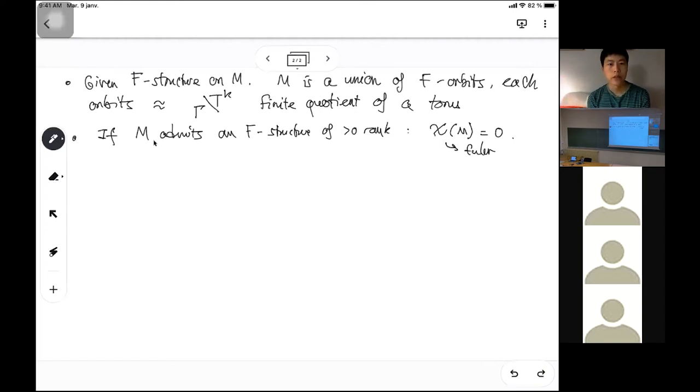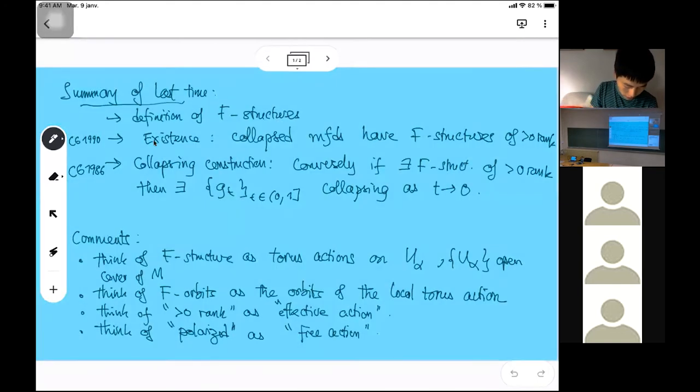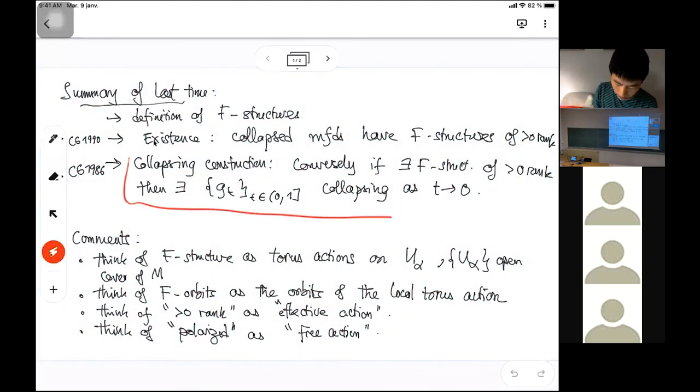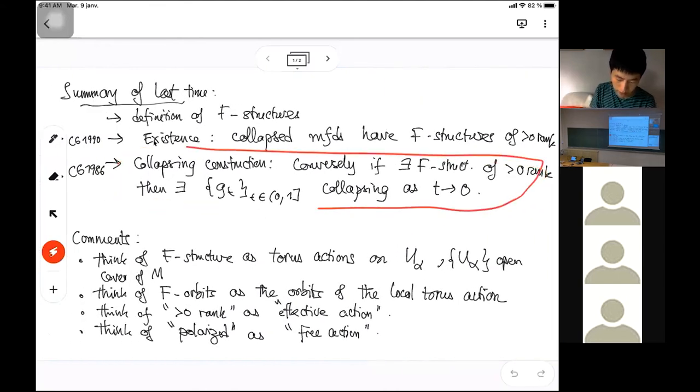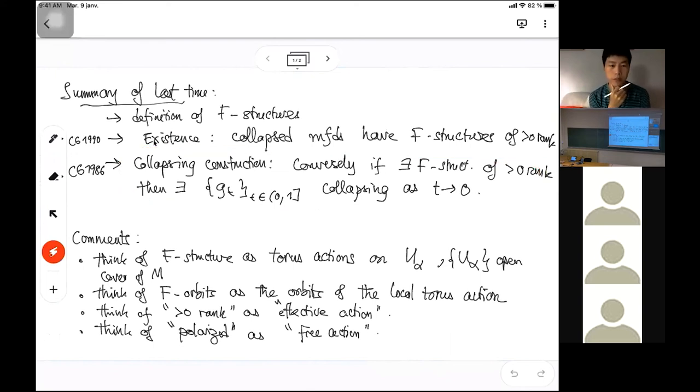Right, so what remains to be done? What remains to be done here is to finish my explanation of this collapsing construction. I started to mention some easy cases in this collapsing construction where you can directly apply this killing field rescaling trick.